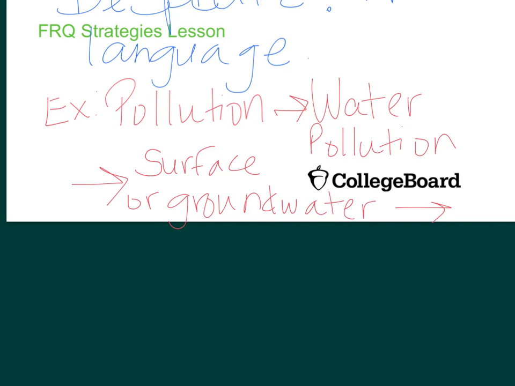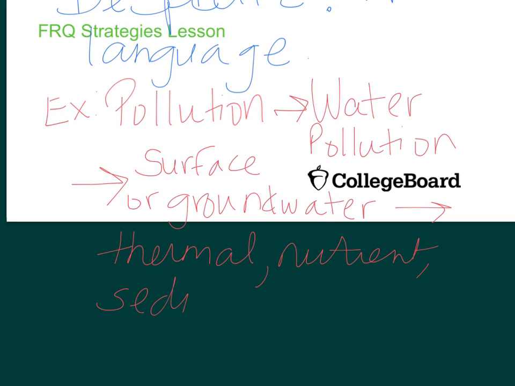If you can think of one, it's better to throw in something like thermal pollution, or nutrient pollution, which is your phosphates and nitrates, or sediment, depending on what it is. Sediment pollution would be like from dams and levees, or maybe even heavy metal pollution, like the pipes in Flint, Michigan.